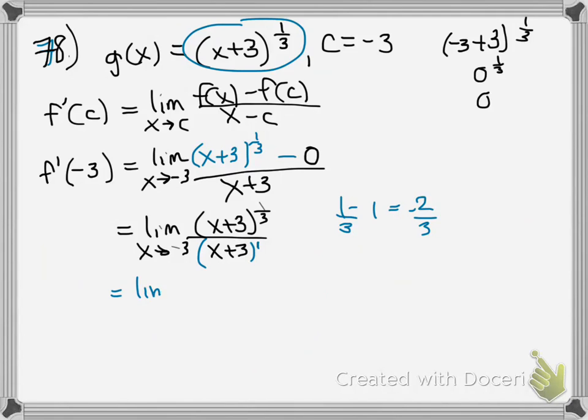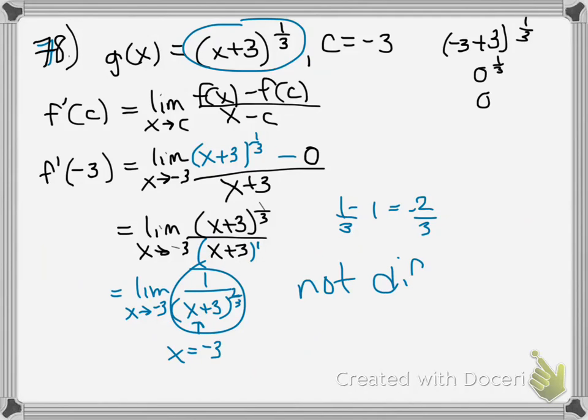So I have the limit of 1 over x plus 3 to the 2/3 power as x approaches negative 3. And I still cannot plug that in. But if I were to use a table of values, I would see that this won't exist. So this is not continuous. I'm going to have a vertical asymptote at x equals negative 3 right here in this situation, which tells me that it's not differentiable. So the derivative at x equals negative 3 does not exist.